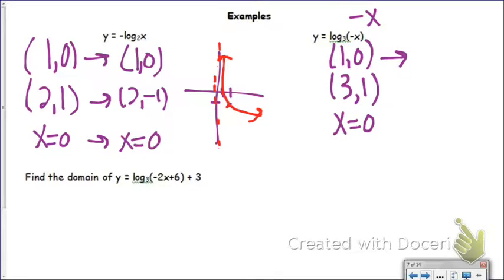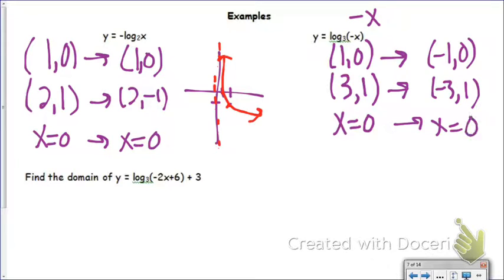So (1, 0) is going to become (-1, 0), (3, 1) is going to become (-3, 1), and x equals 0 is still x equals 0. So then I can draw my graph, and it'll look something like this.